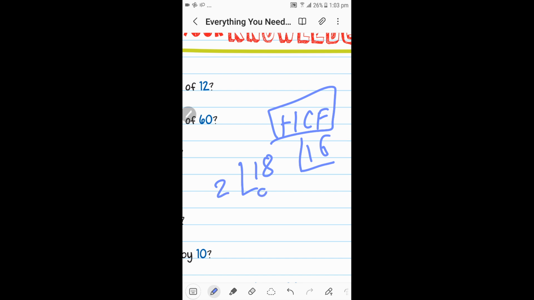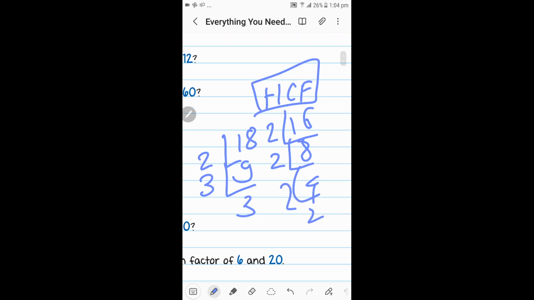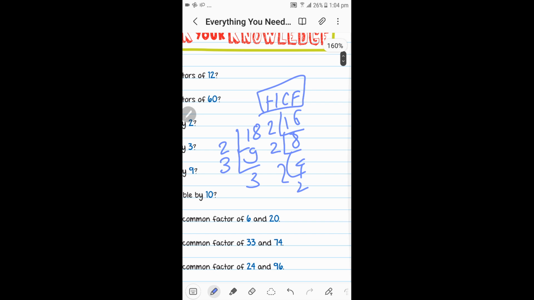So 2 9s are 18, 3 3s are 9, 2 8s are 16, 2 4s are 8, 2 2s are 4. Now we will list them. The factors of 18 are 2, 3, 3. Then 16 is 2 into 2 into 2 into 2.